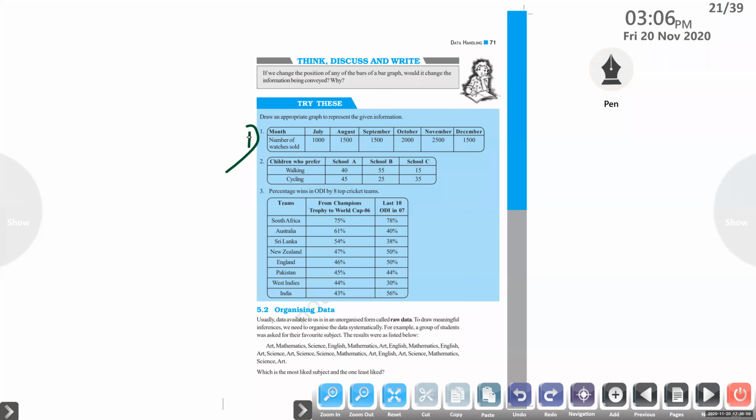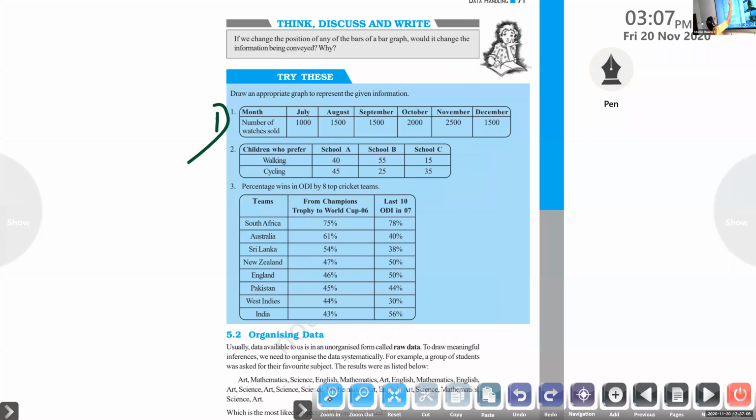Can you repeat the question? It is there on the board. You can see. Draw bar graph. Can you see it? Should we draw the bar graph? What, Advait?